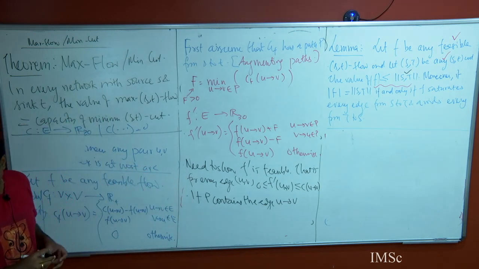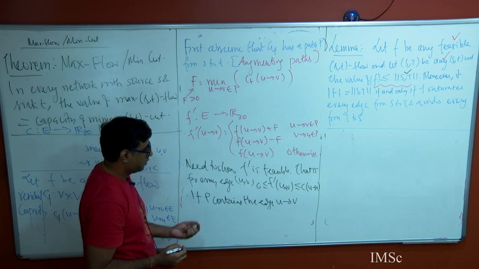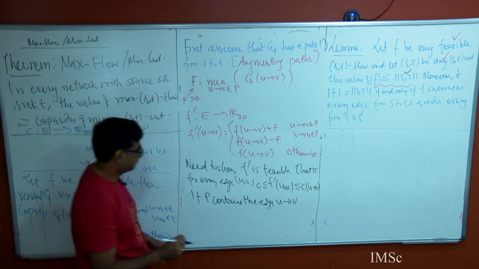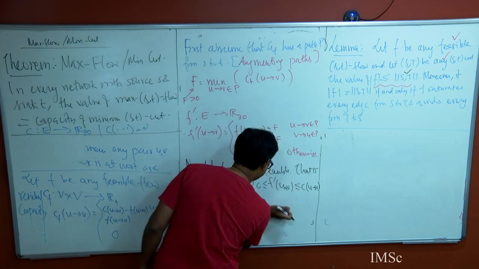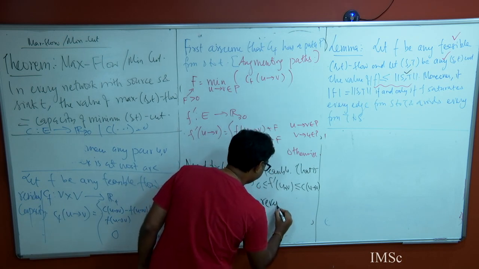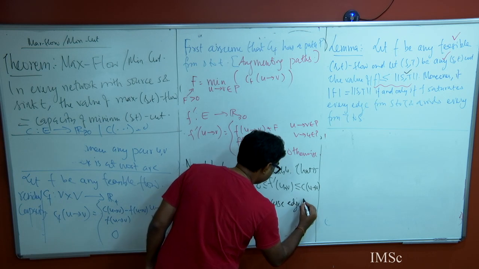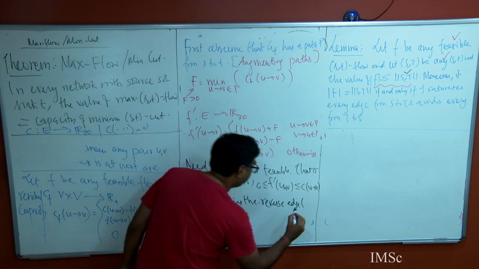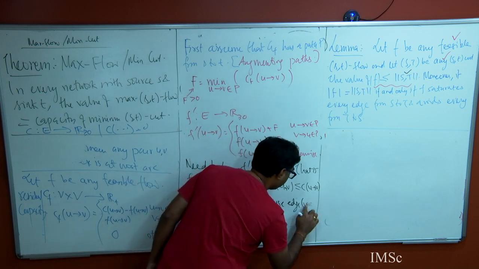So if the augmenting path P contains the reverse edge V comma U, okay? Reverse edge V comma U.